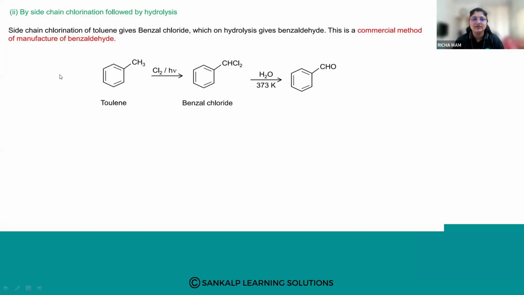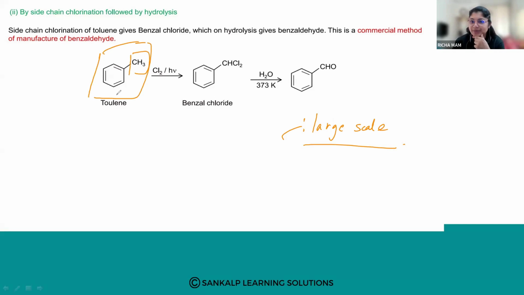Then we have seen the side chain chlorination, how we are manufacturing benzaldehyde commercially. Commercial method means industrial method at a large scale. When you want to prepare benzaldehyde at large scale, this method can be used. By doing the side chain chlorination of toluene, we are taking a toluene molecule, that is a methyl substituted benzene.